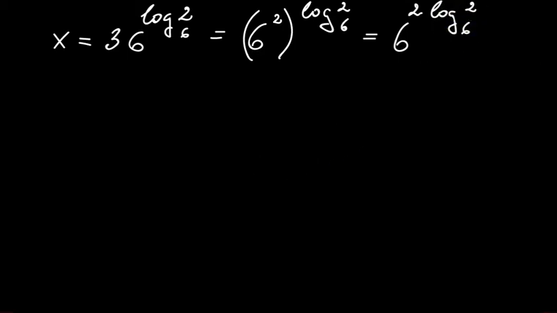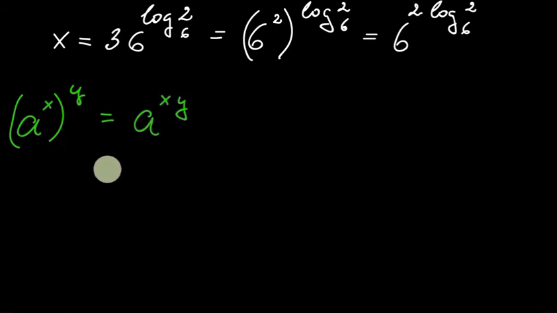This is because if we have a to the power of x and again raised to the power of y, we need to multiply these numbers, okay? So we get that a is raised to the power of x times y. So we did the same thing here. Now let's move this to here.